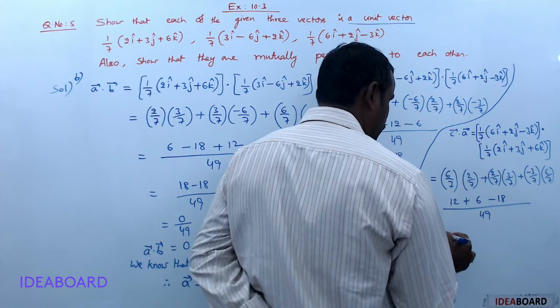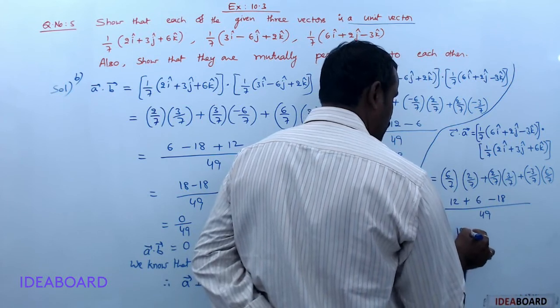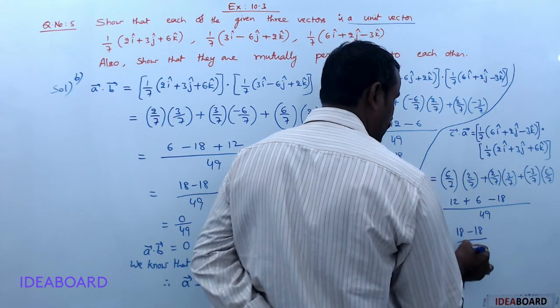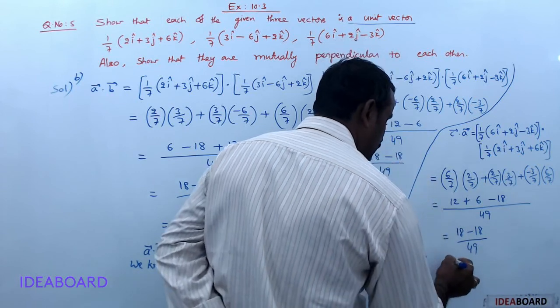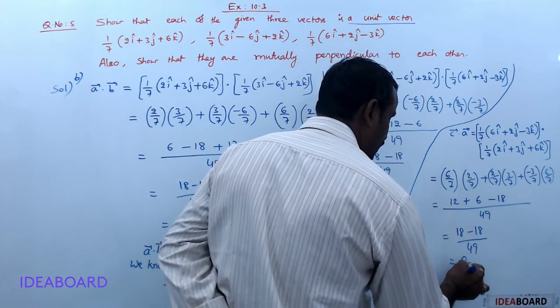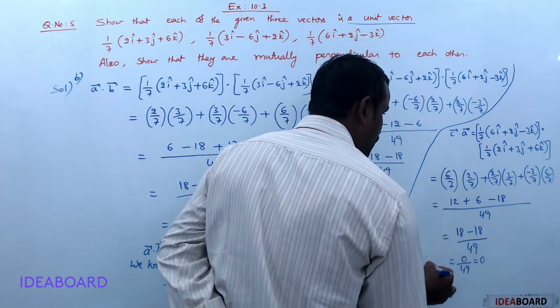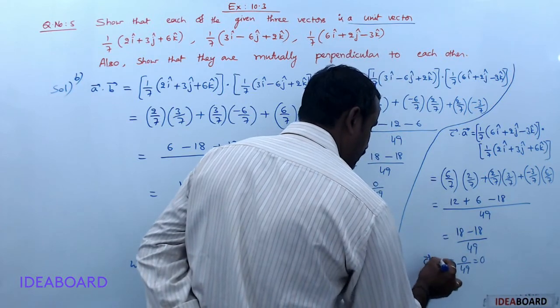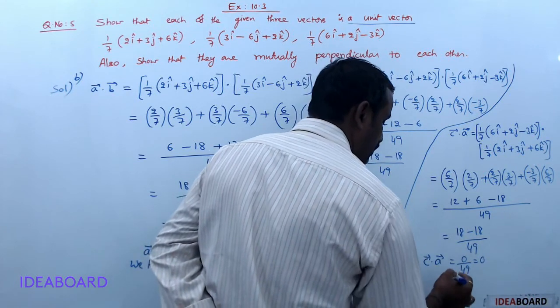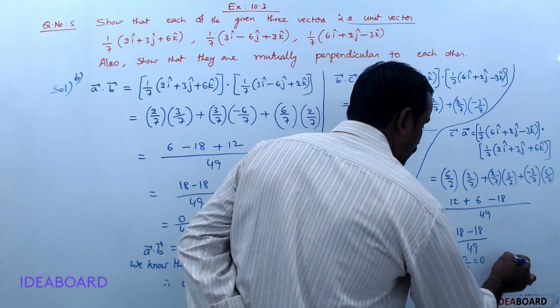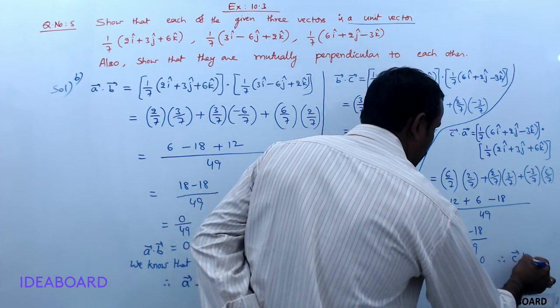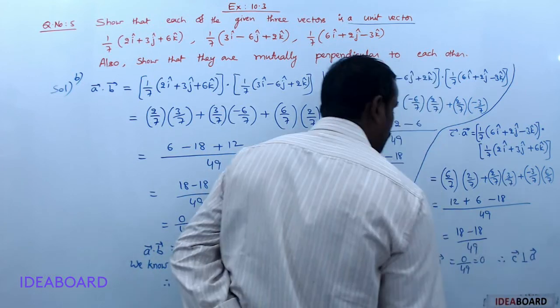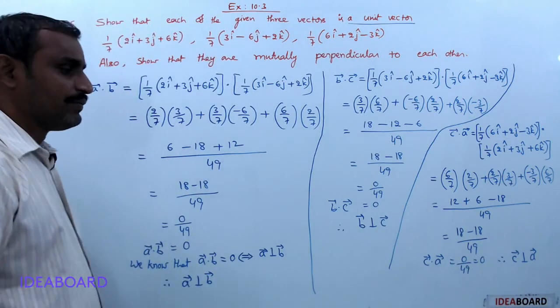So positive values you can add first, then subtract the negative value. So you will get 0 by 49, the value becomes 0. So C bar dot A bar is also 0. Therefore, C bar is perpendicular to A bar.